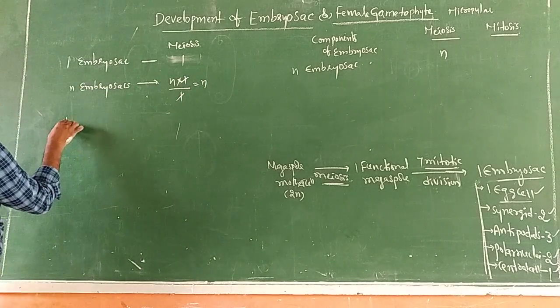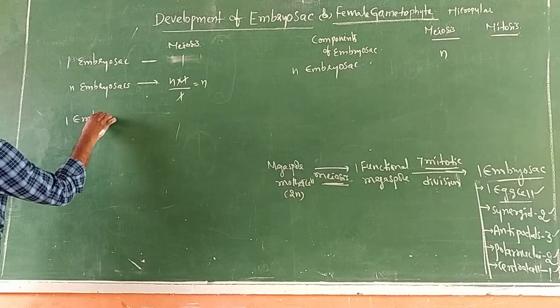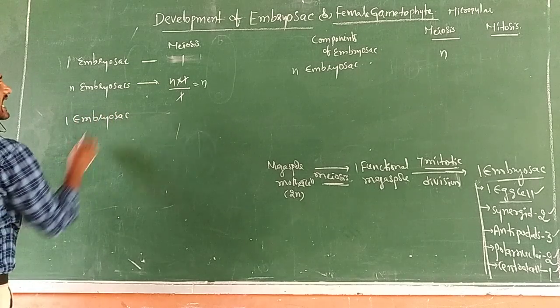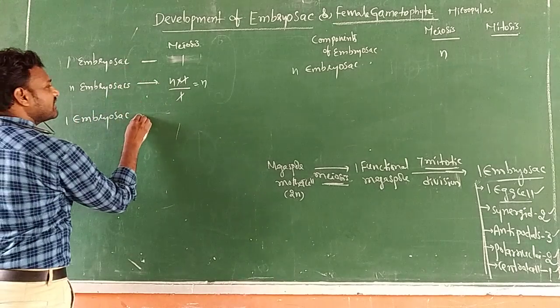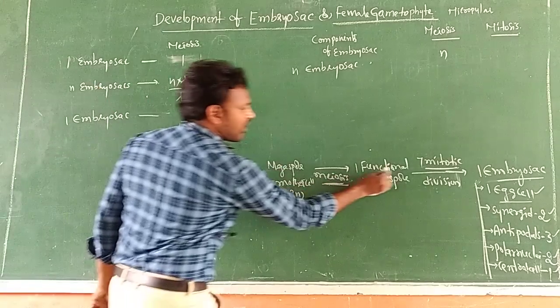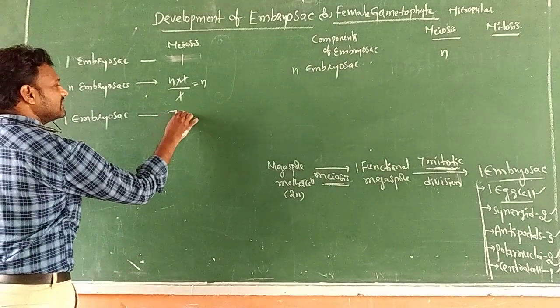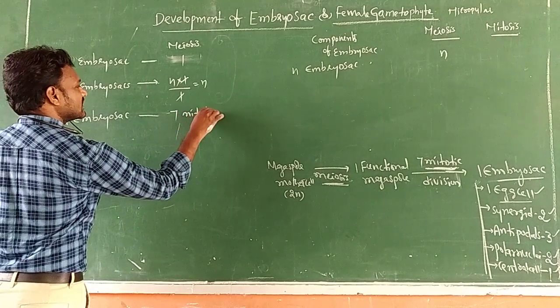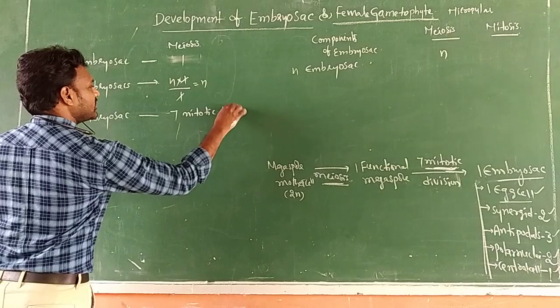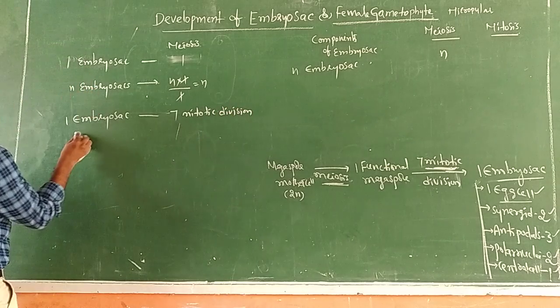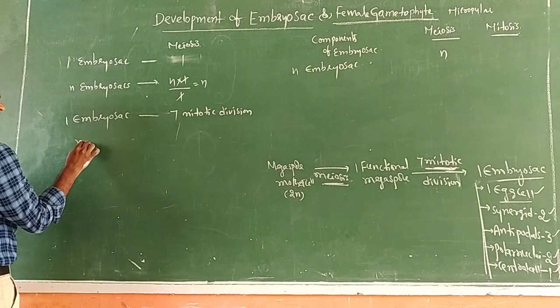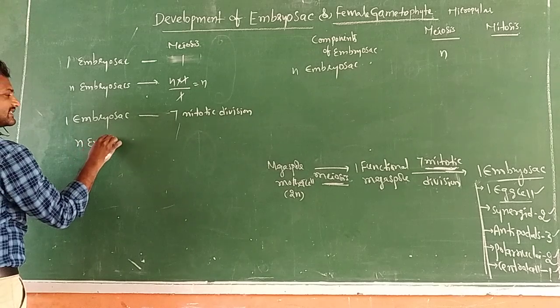Similarly, take one embryo sac. It requires 7 mitotic divisions. But I require n embryo sacs.